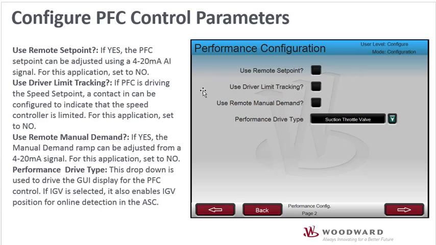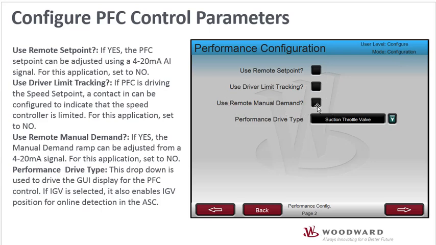This would be used if the performance output was driving a speed set point to the prime mover control. If we check this box, then we can have a Boolean input tell the Vertex that the prime mover controller has been limited externally, so that the Vertex knows it's no longer controlling that set point, and it'll go into a tracking mode.